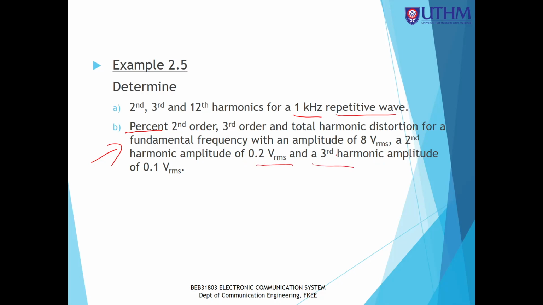Third order harmonic amplitude is 0.1 volt. So ada dua soalan yang ditanya, second and third. The fundamental voltage is 8 volt. Dia suruh cari second, third, and also the total harmonic distortion.